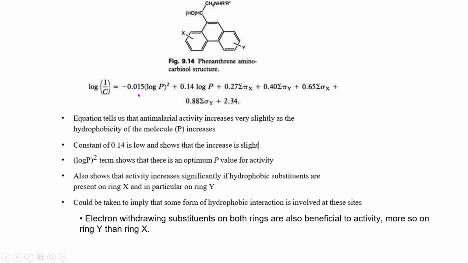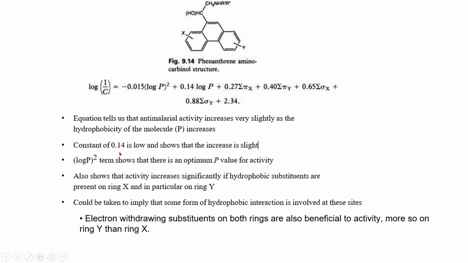So out of those 102 compounds, if we substitute such a substituent which is going to increase the log P value, that means hydrophobic substituents, that will increase the hydrophobicity. So this hydrophobicity of the molecule will give the positive P value, and that positive P value will increase the anti-malarial activity.